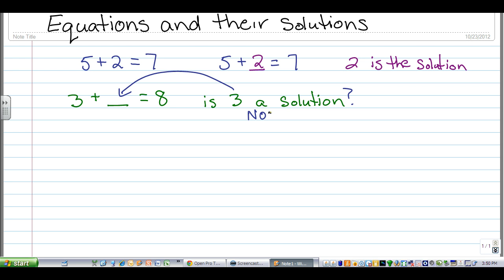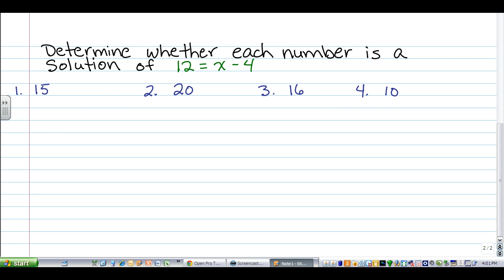All right. Well, we've been talking about variables in other lessons. So instead of putting a question mark or a blank box, we are going to put a variable in here.